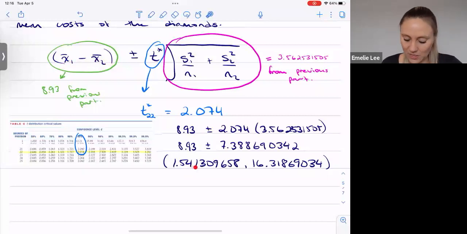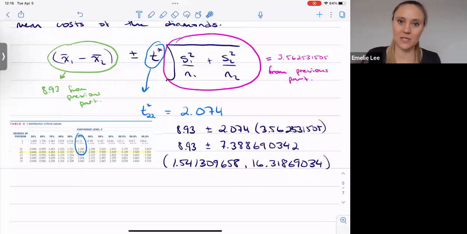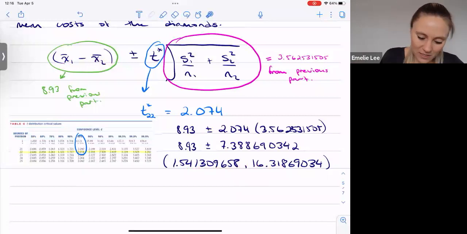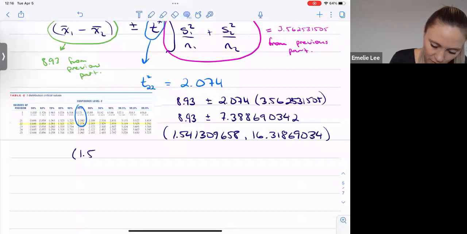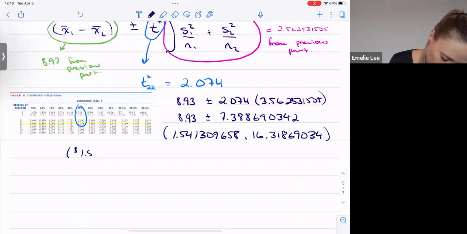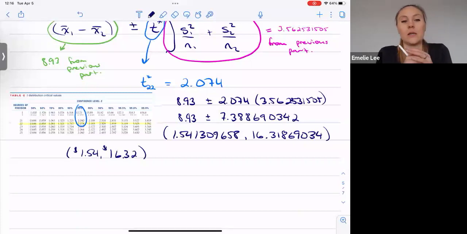Okay, and so what's nice about money amounts is that we can just round to 2 decimal places, because money has 2 decimal places. And so what we can find is that our confidence interval is 1.54 up to 16.32.